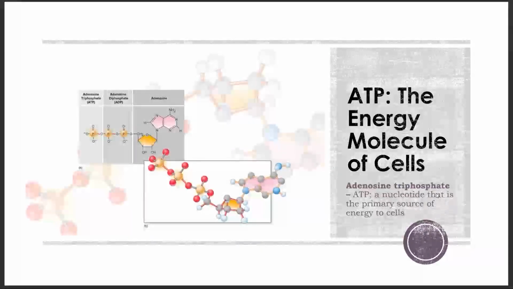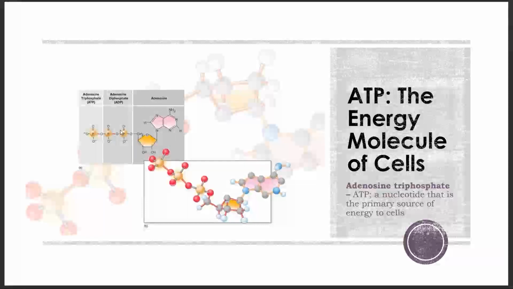ATP or adenosine triphosphate is technically going to be in this category because, as you can see, adenosine is one of the bases that we would see in DNA. And it has the sugar attached to it and a phosphate. And if it was just about right there, that would be a part of the DNA.